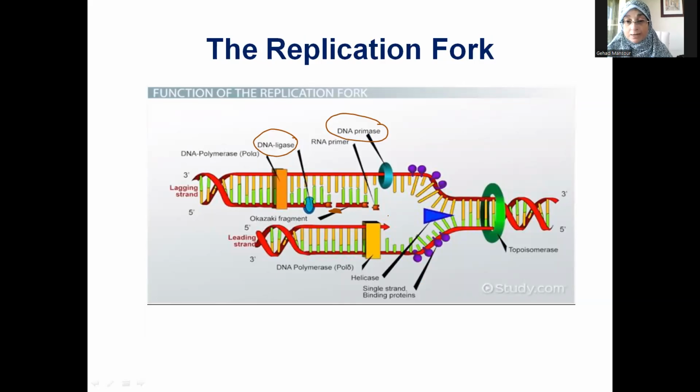And this is the helicase enzyme, and this indicates that we have separated the two DNA strands in this direction, and the DNA polymerase now forms the new strand in this direction and forms the lagging strand in the other direction.